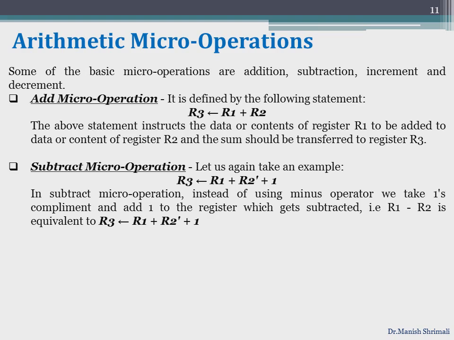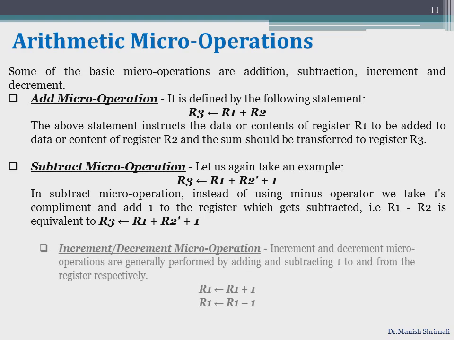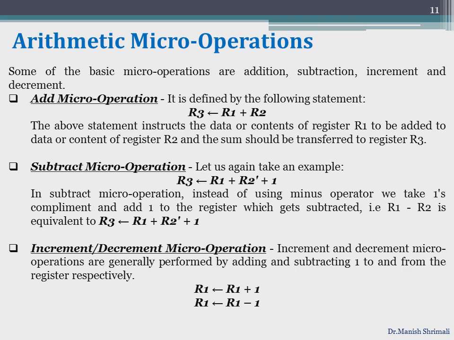To sum up, in the subtract micro operation, instead of using a minus operator, we take the one's complement and add 1 to the register which gets subtracted. That is, R1 minus R2 is equivalent to R3 being replaced by the contents of R1 added to the 2's complement of R2.